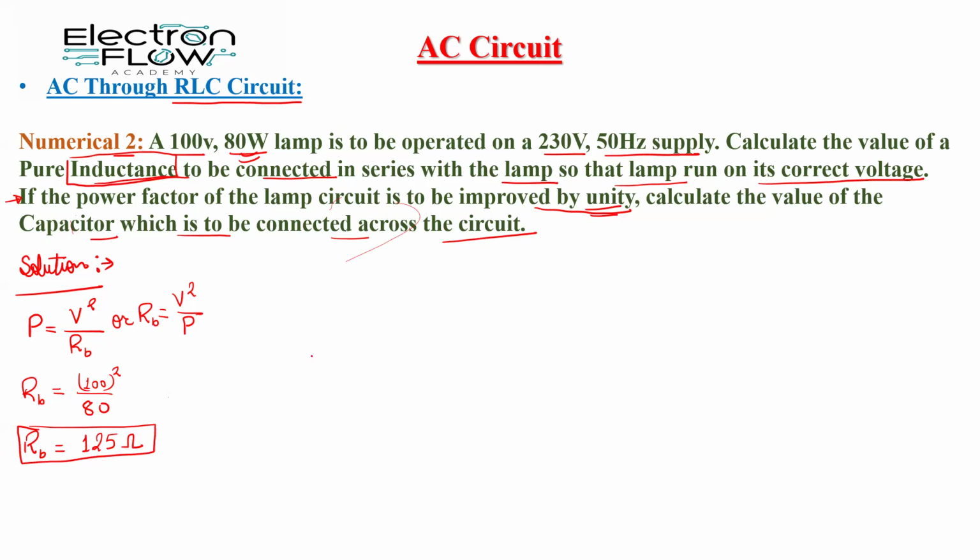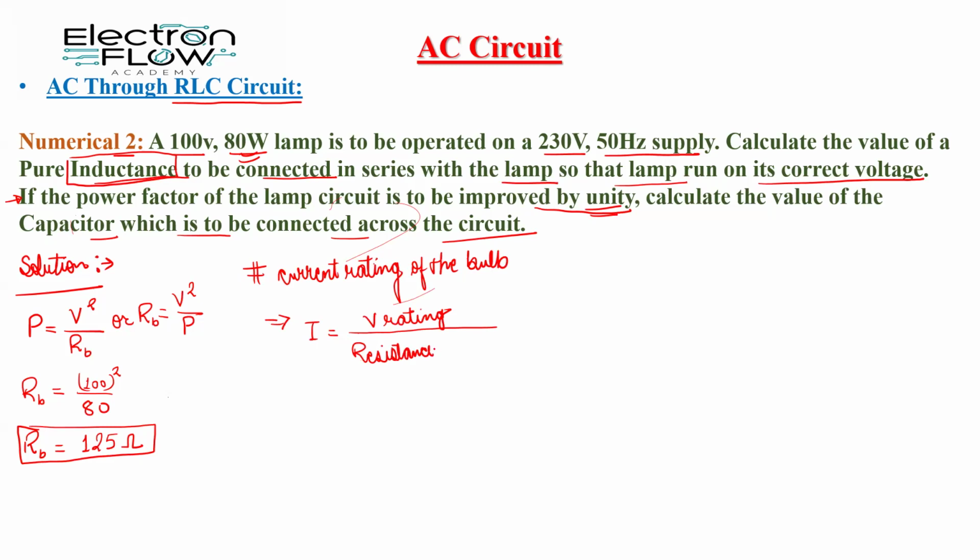Next thing is the current rating of the bulb. I is equal to the voltage rating divided by the resistance of the bulb.